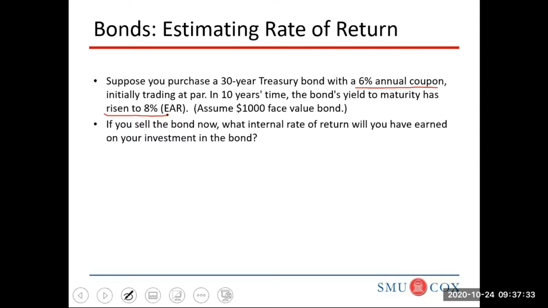Decrease, drop in value. It would decrease, right? So we need to calculate what that lower bond price is. That will be our step number one. So let's call it value in year 10.